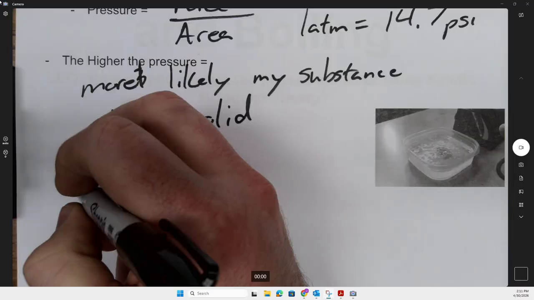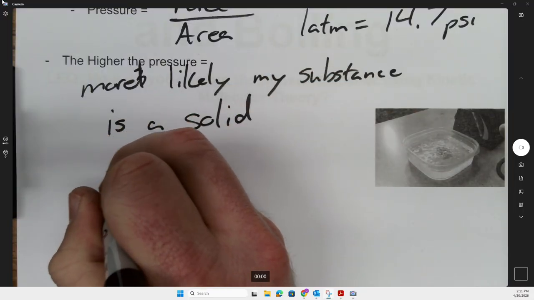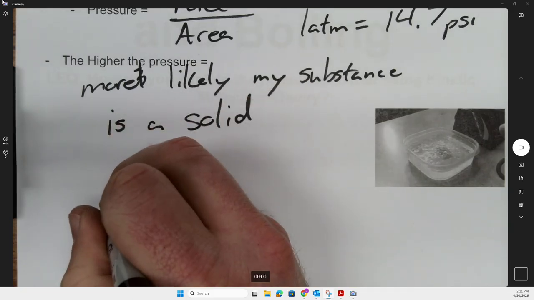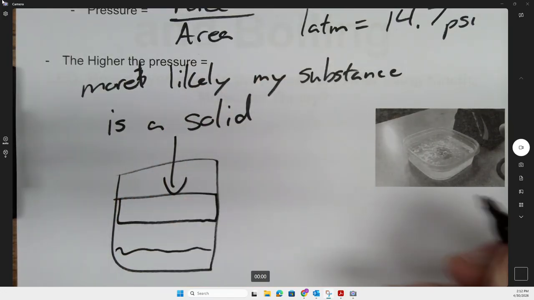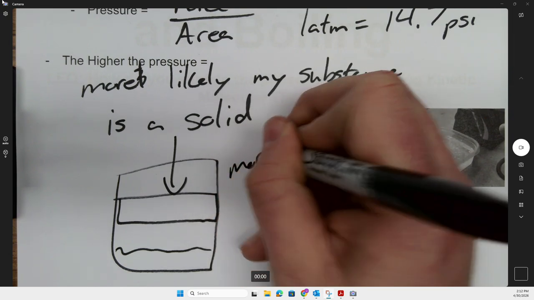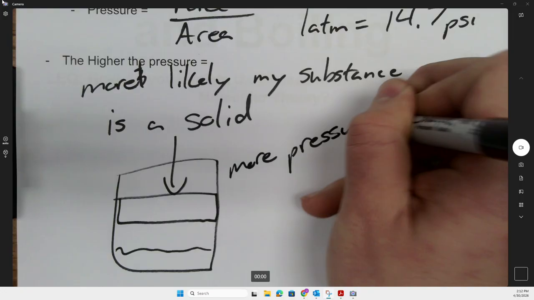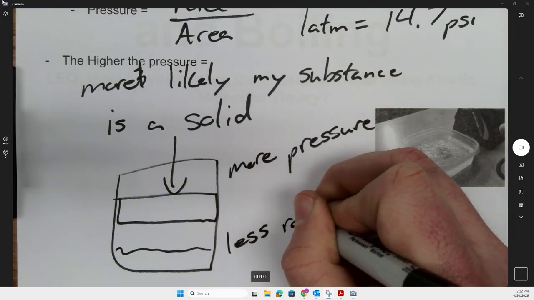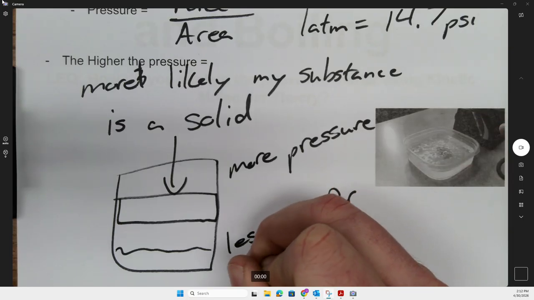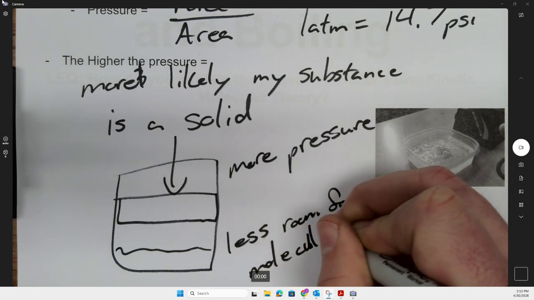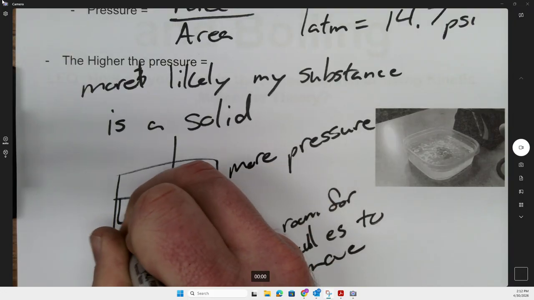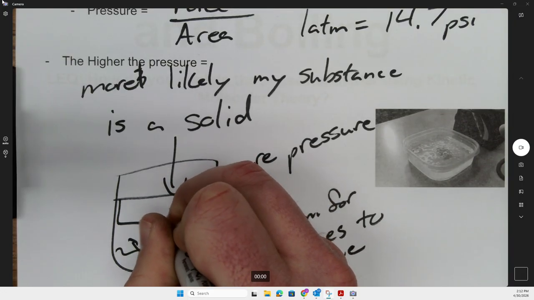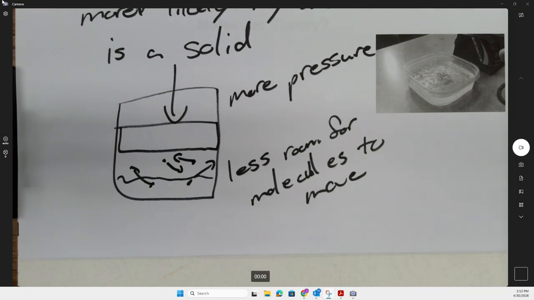Because the more pressure pushing down on something, more pressure means less room for molecules to move. The more pressure I put on a system, the less space the molecules have to move.